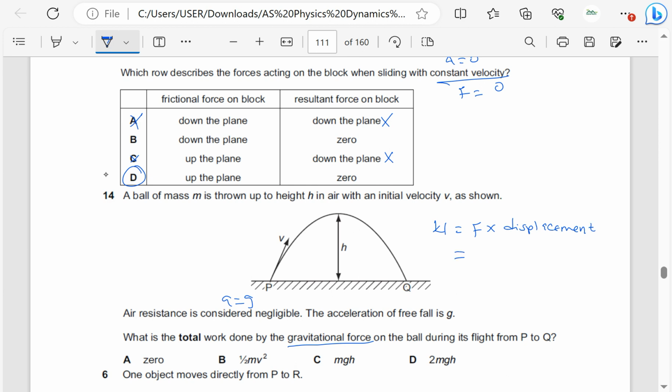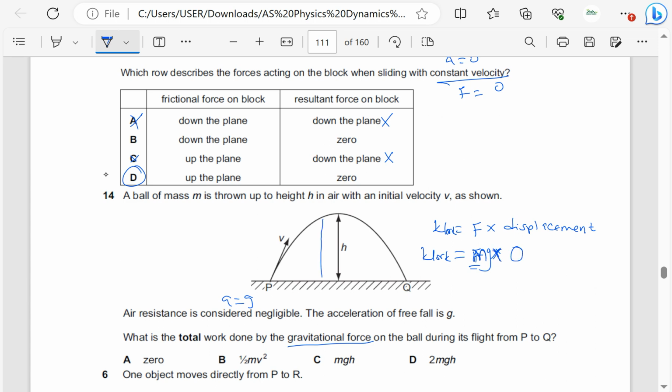So the force, there is a gravitational force maybe, but then what is the distance? This is not weight, it is work. So work is going to be the gravitational force, which is the weight, which is m times g, times the displacement in the direction of the force, which is 0.